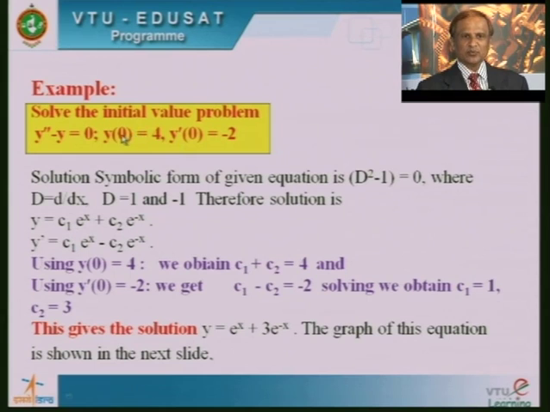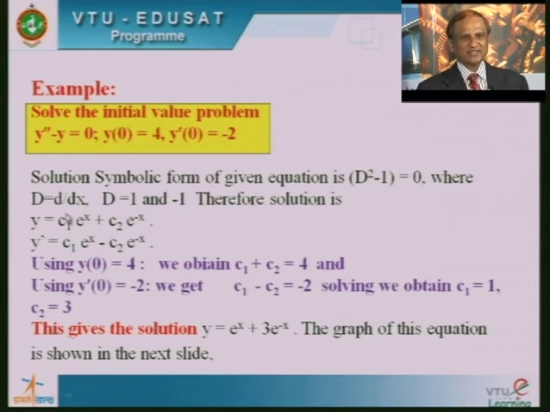So, we will come to know that along with the differential equation, if they give some initial conditions, we use the initial conditions to find the value of the arbitrary constants, namely C1 and C2.